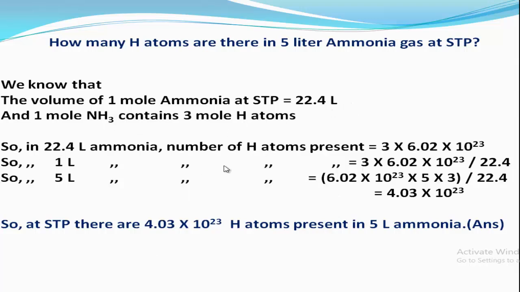So in 22.4 liter ammonia, the number of hydrogen atoms present is 3 mole. If it is 1 mole, then only Avogadro's number. Since it is 3 moles, it is 3 into Avogadro's number. Now easily you can determine through calculation how many hydrogen atoms are present in 5 liter ammonia.